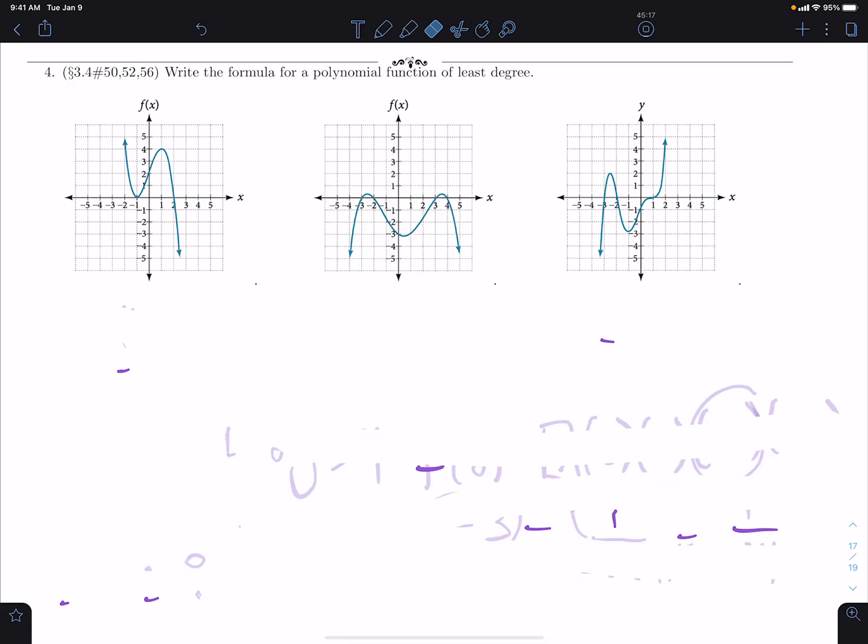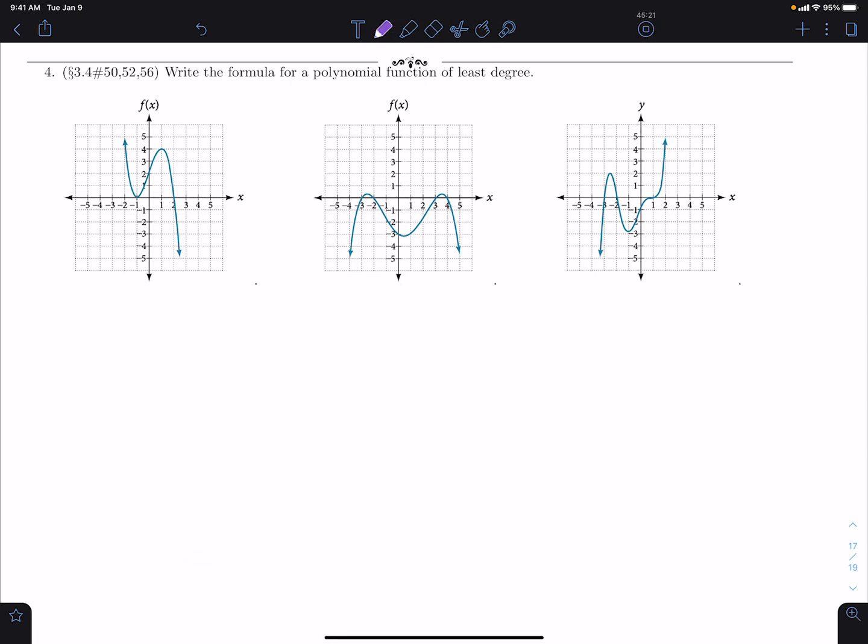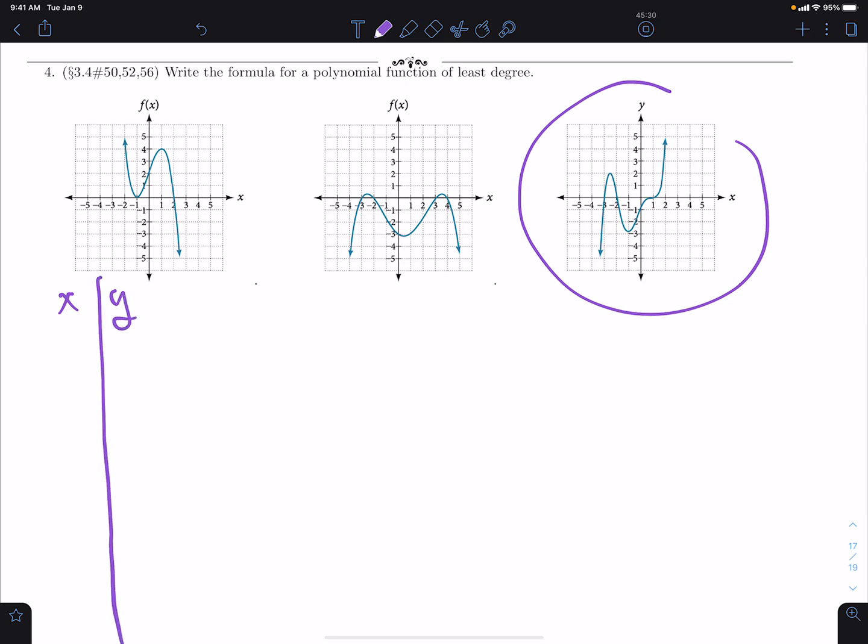The last one, I can see some interesting multiplicity going on there. And this is number 56 at the end of the section. Just building up this table, the x-intercepts are -3, -2, and 1, and that's where the output is 0.